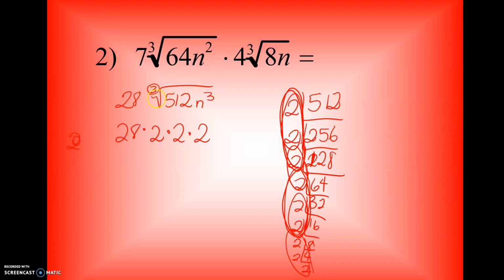And then 3 divided by 3 is 1. So n to the 1, and there's no remaining n's. So nothing's left over, so there's not a radical left over at all. And then I would do 28 times 2 times 2 times 2, 224. And again, nothing left over in the radical because everything divided evenly or factored evenly.